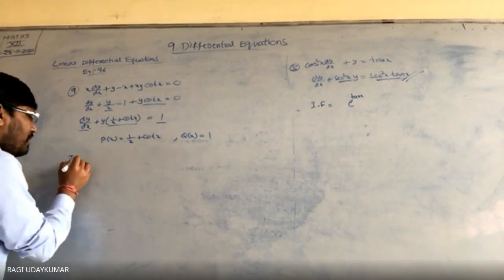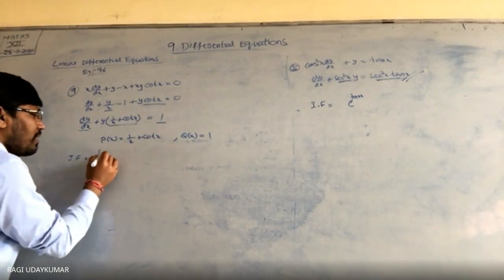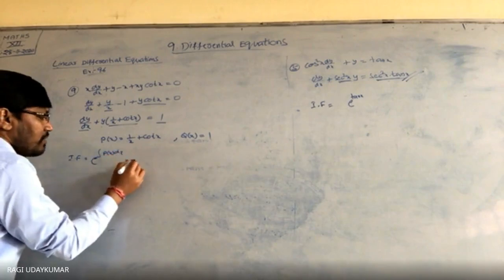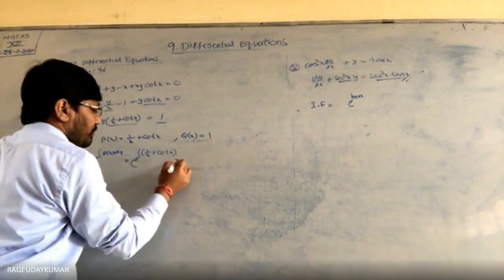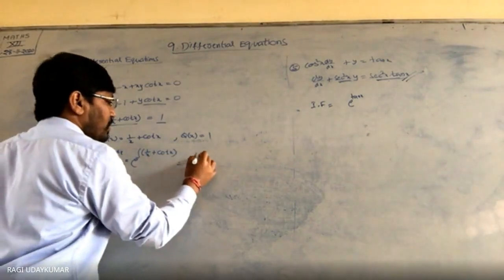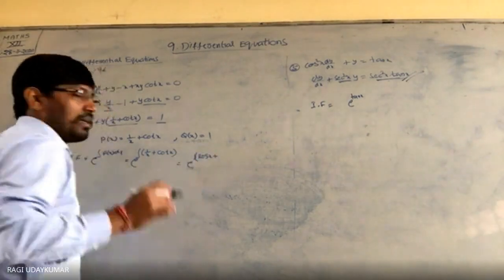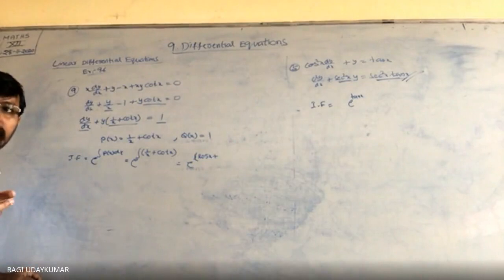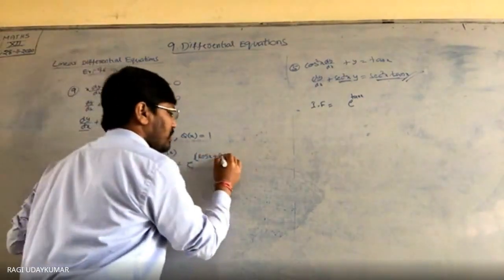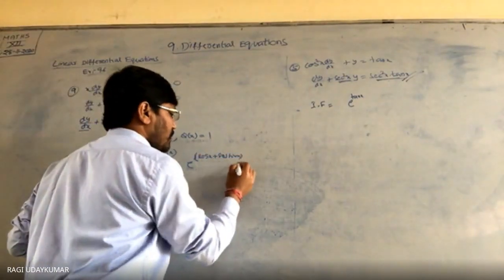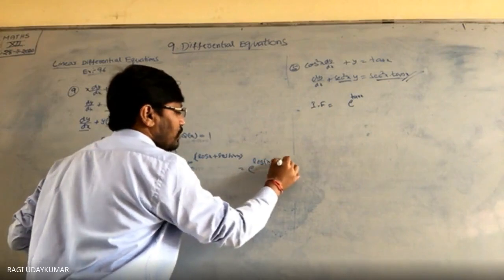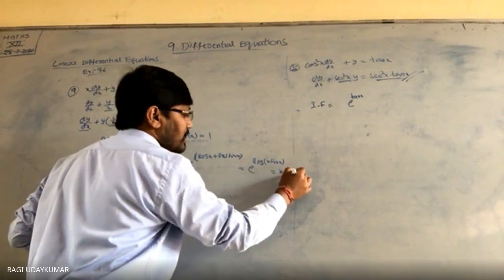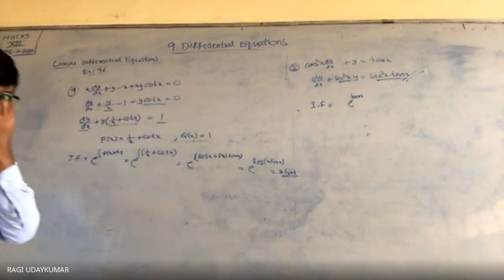Now integrating factor is equals to what? e power integration of p of x dx is equals to e power integration of 1 by x plus cot x. e power log x plus cot x का इंटीग्रेशन क्या है? log sin x. So here you are getting e power log x sin x, which is equals to x sin x, the integrating factor.